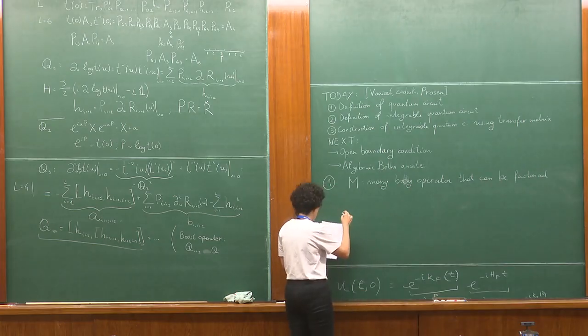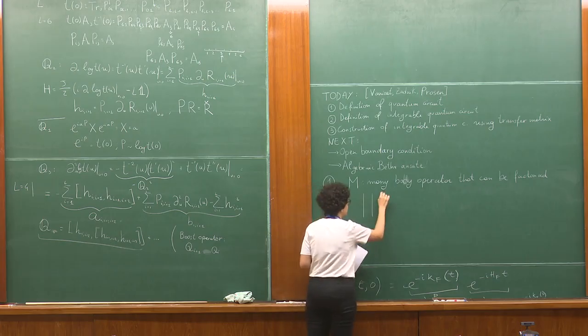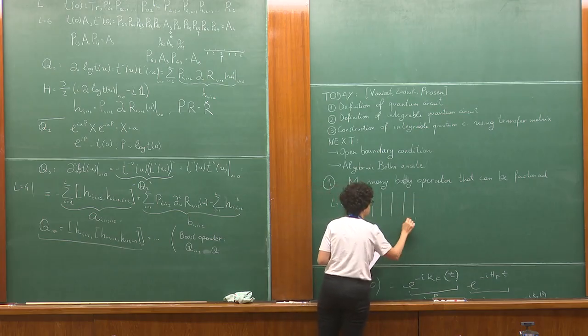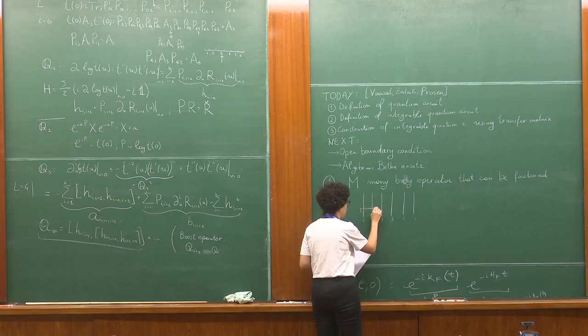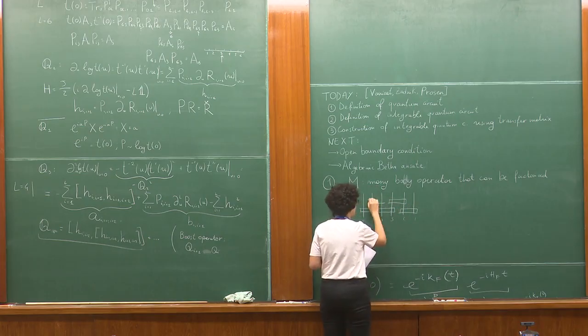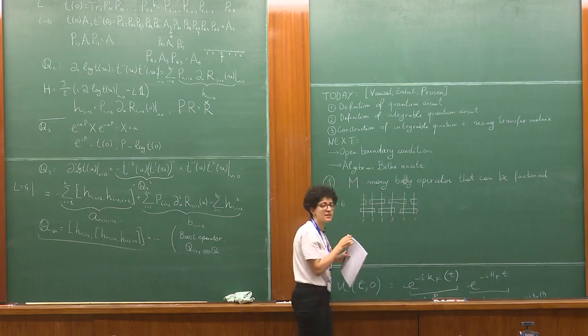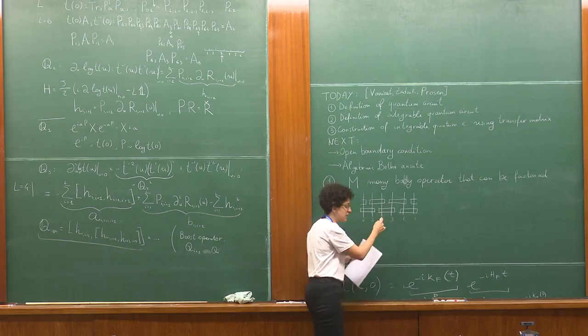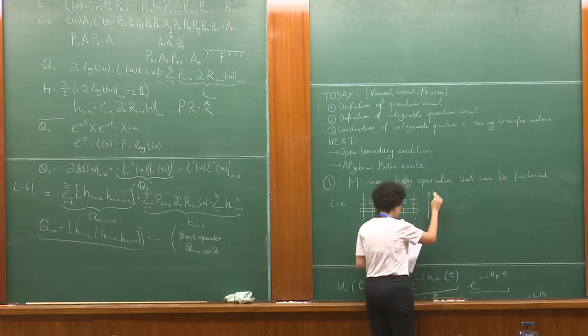To give an example, if we take a system of length 6, sites 1, 2, 3, 4, 5, 6, I can construct the following circuit. I will explain all these blocks in a moment. These blocks are matrices acting on two spins, and time goes like this.